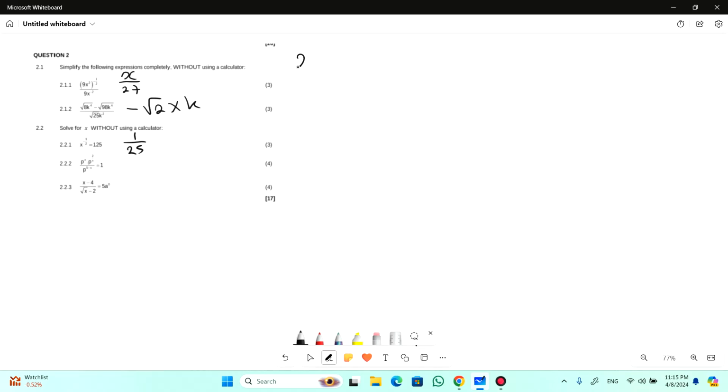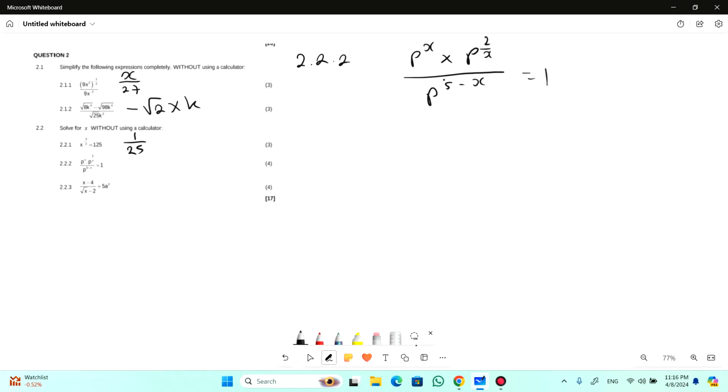Okay, so 2.2.2, again here I have p to the x times p to the 2 over x and then p to the 5 minus x, which is equal to 1. Okay, this should be nice.